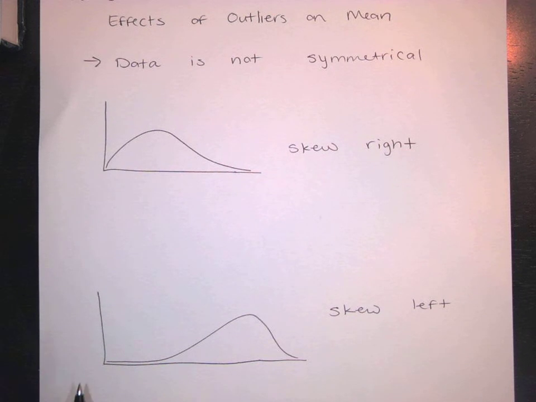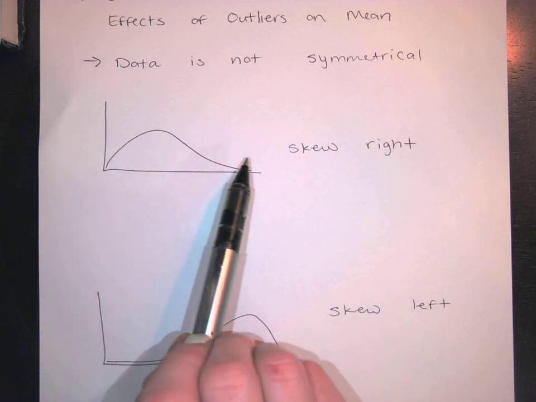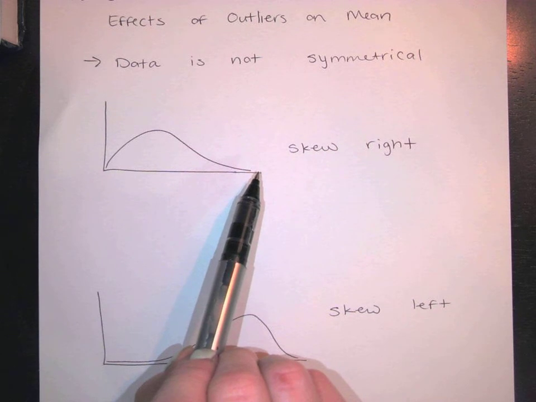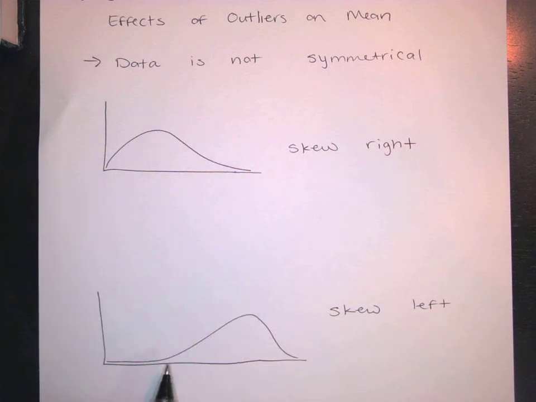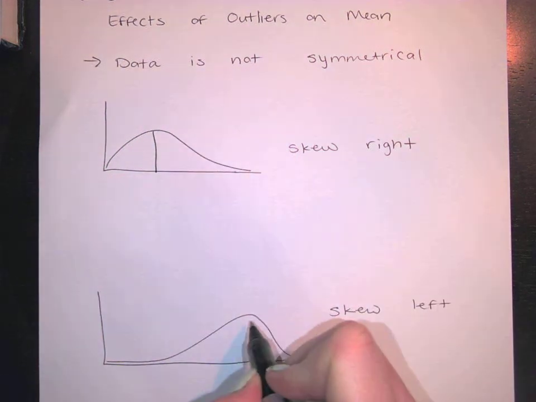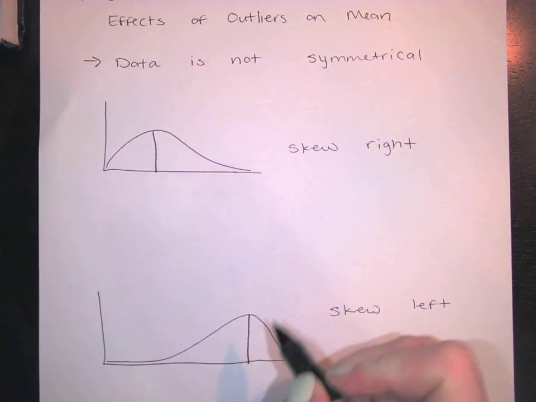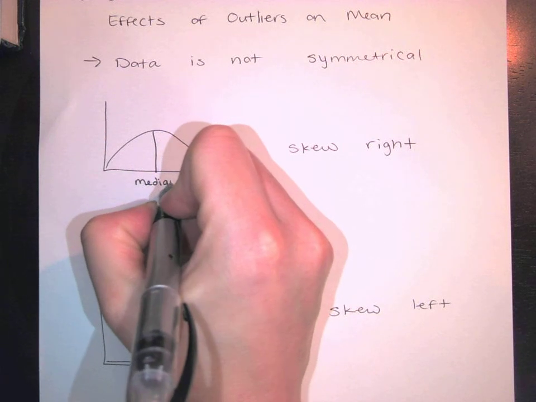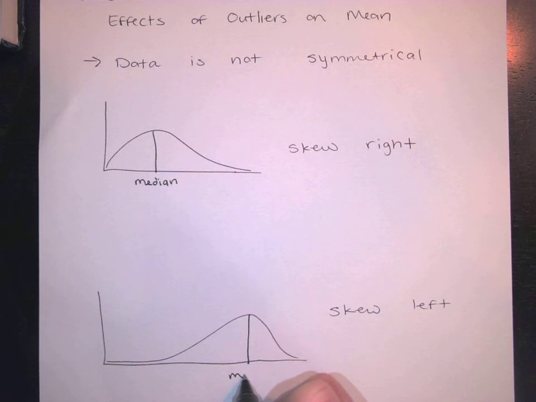So if our data is not symmetrical, if our outliers are high, we would say the graph is skew right, and if our outliers are low, we would say the graph is skew left. The median of our data, remember, is the number in the middle, is still going to stay at this peak, the number right in the middle.